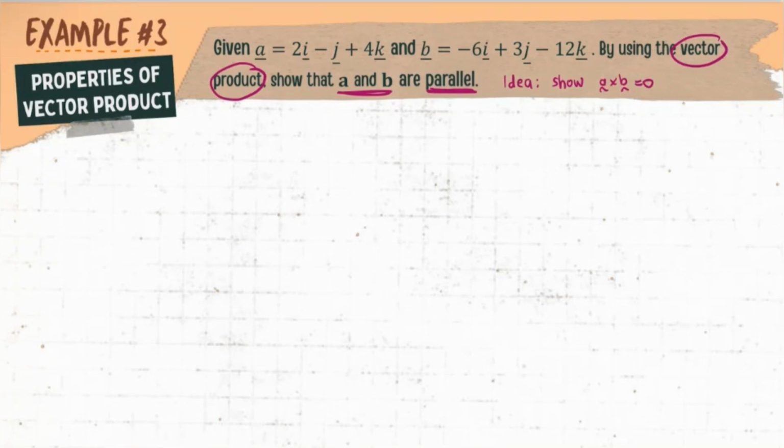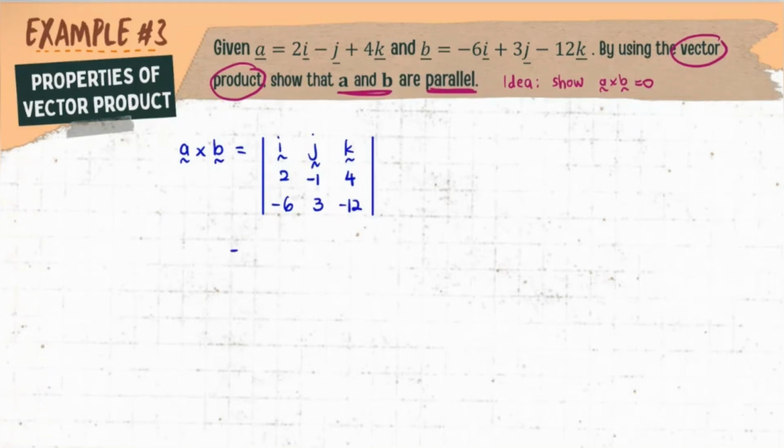Okay, so let's begin. A cross dengan B. So I, J, K. So A kita adalah 2, negatif 1, 4. B adalah negatif 6, 3, negatif 12. And perform the same steps tadi.